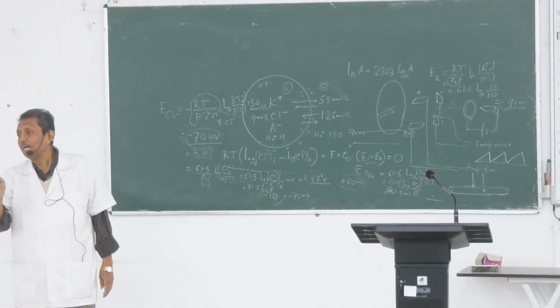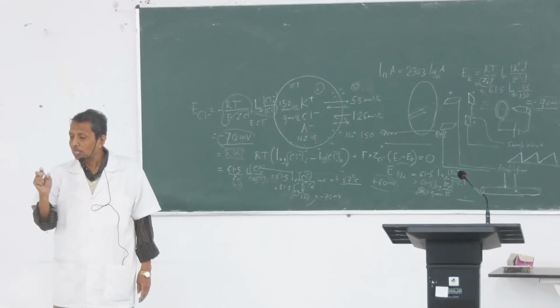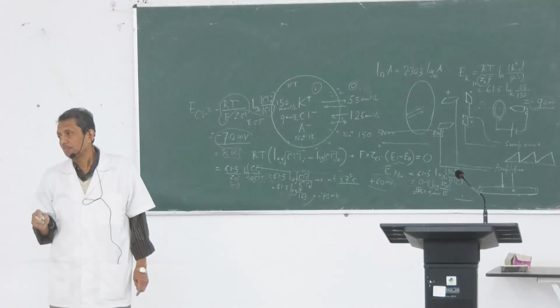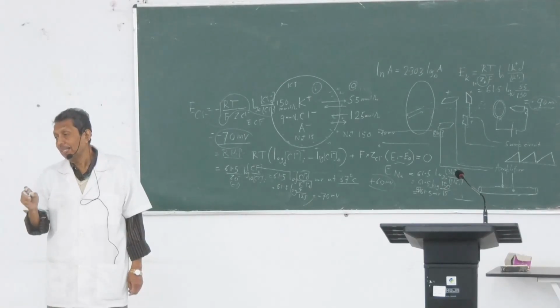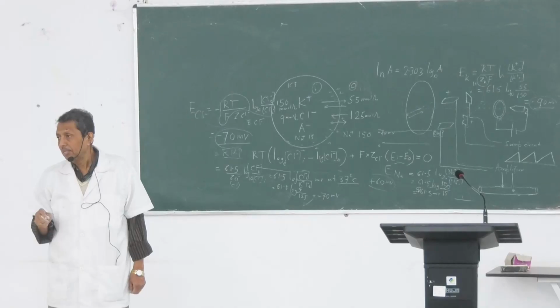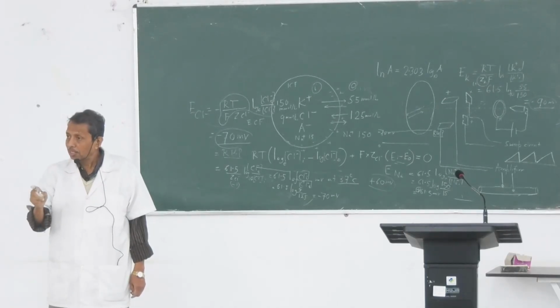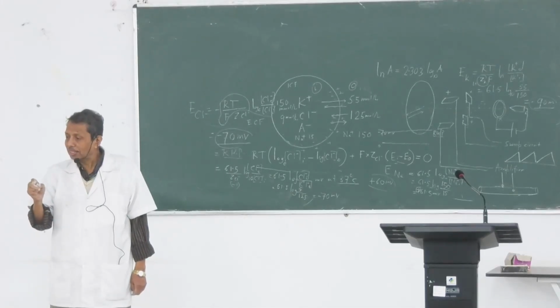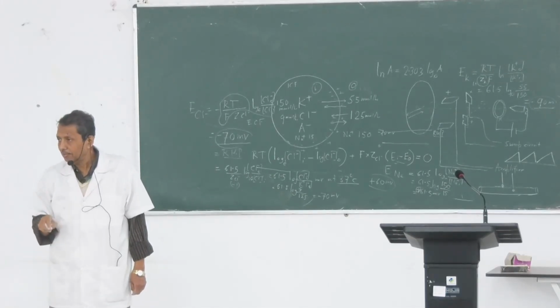Because the hydrated sodium ion form is larger and its channels are less active. At the resting membrane potential it is less active, it is not open. The permeability of potassium is more than 10 times that of sodium. So sodium ion has little chance of entering.